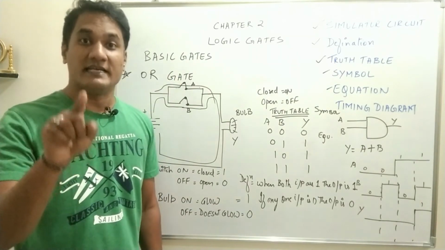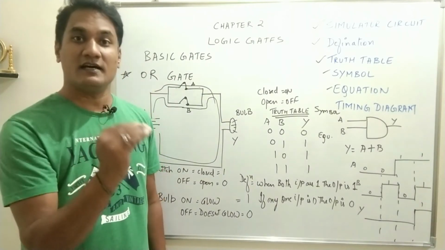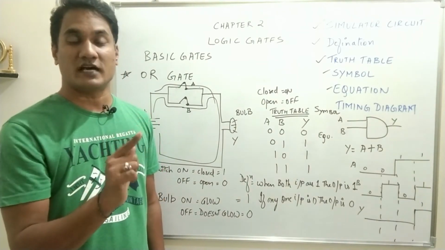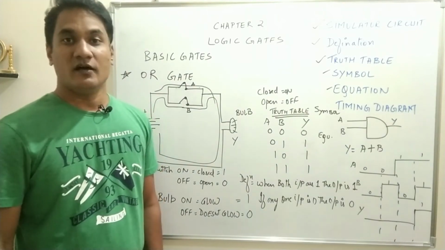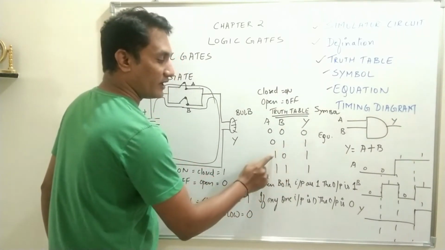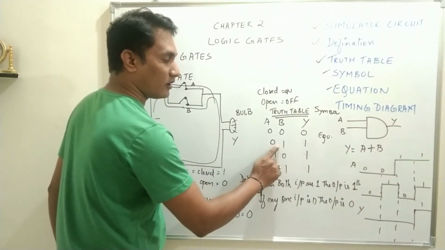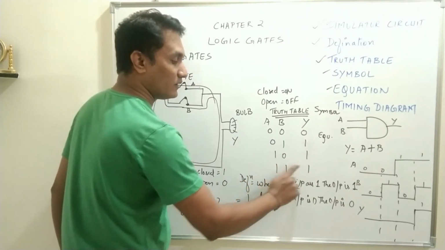OR operation is similar to addition of binary numbers, except the last condition: when both the inputs are 1, the output there would be 10, here the output will be 1. As the output is 1 when any one of the input is 1, that means OR operation, right? A or B, if any one of the input is 1, the output is 1.